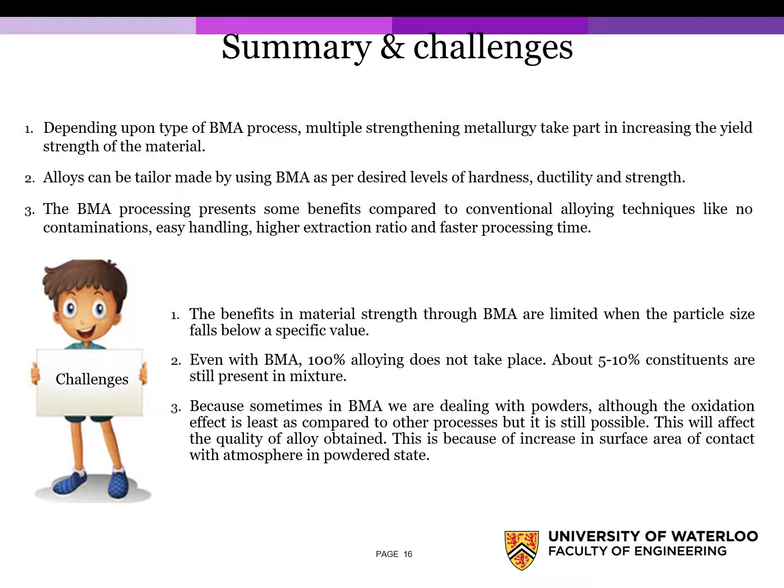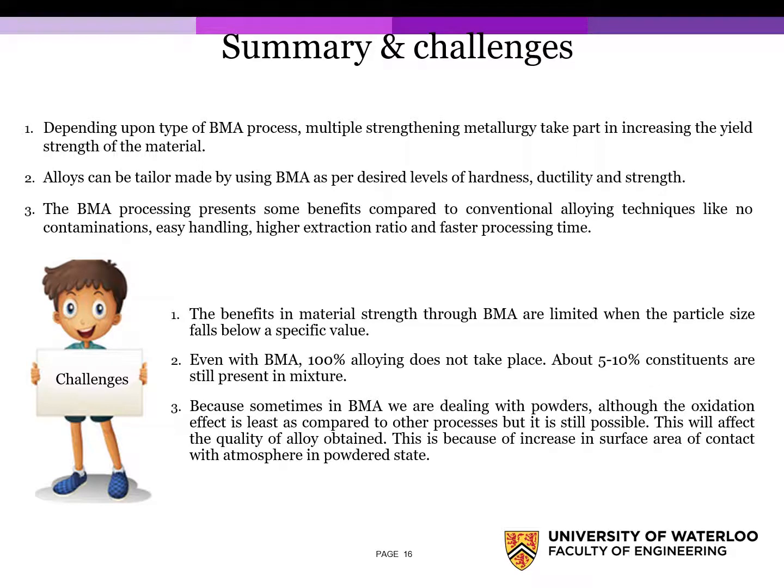The BMA processing presents some benefits compared to conventional alloying techniques, like no contamination, easy handling, higher extraction ratio, and faster processing time. On the other hand, I was able to identify these three challenges.